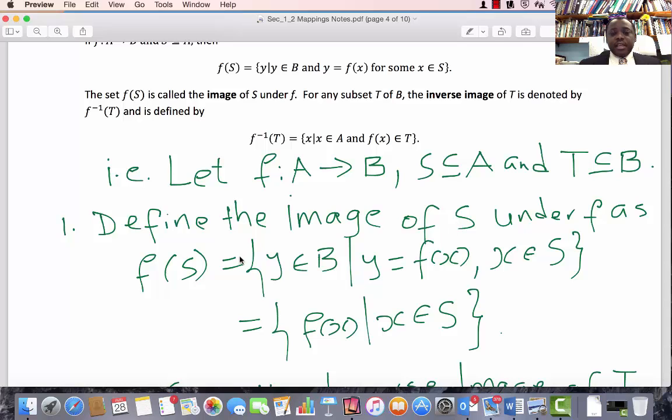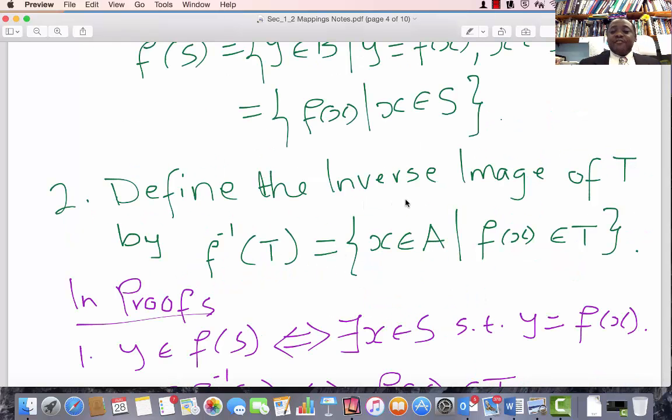Number one, the image of S under f, we've seen that before, is simply the set of all elements y in B such that y equals f of x, or simply the set of all f of x such that x is an element of S.